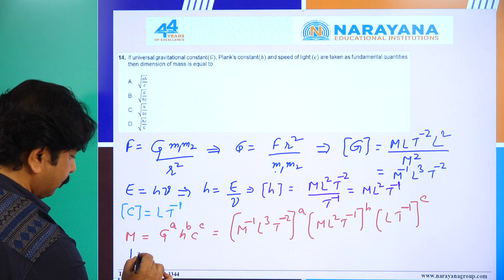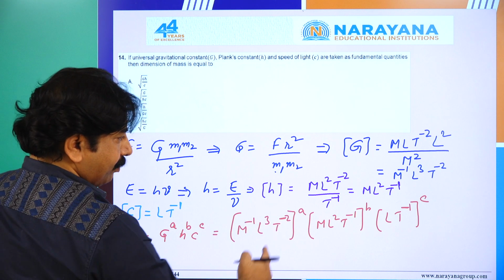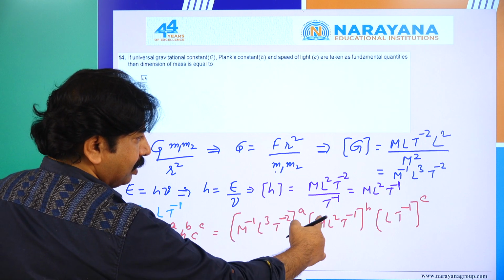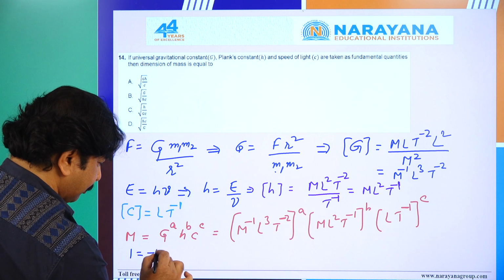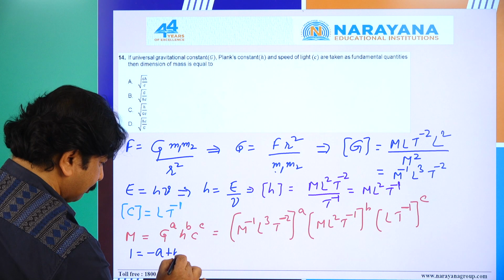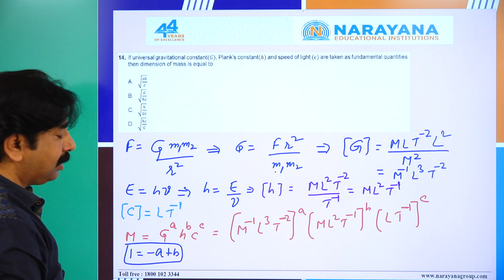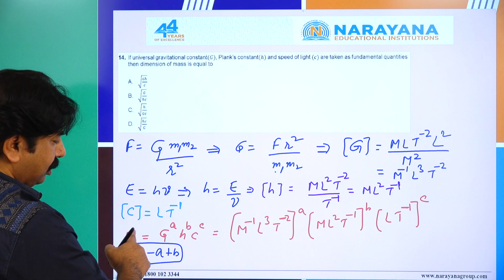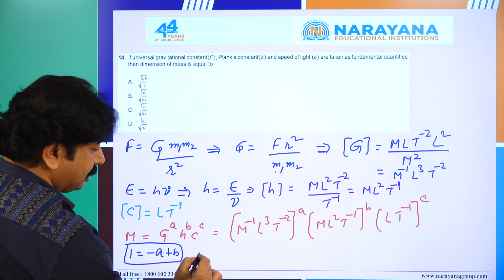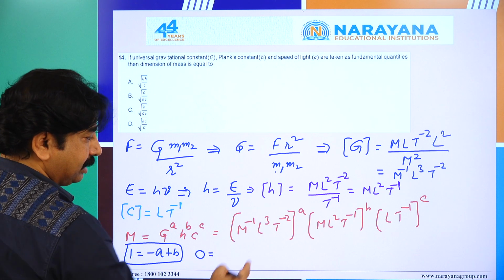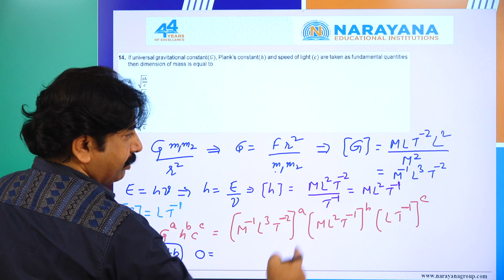Directly 1 is equal to minus a plus b, minus a plus b only. Second one, here L power is 0, that means 0 is equal to 3a plus 2b plus c.